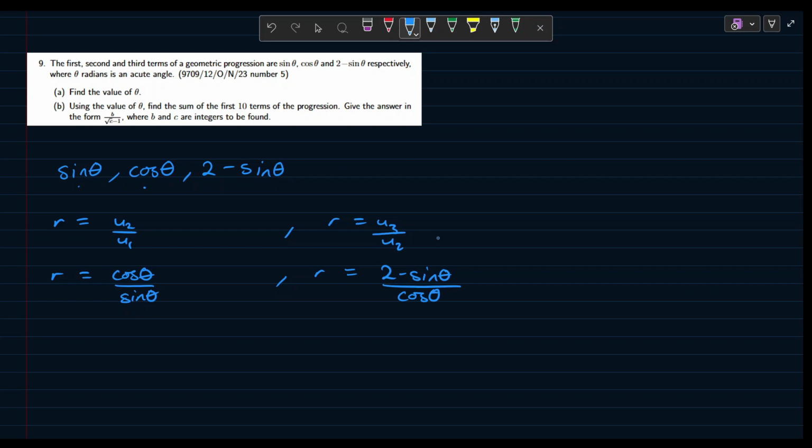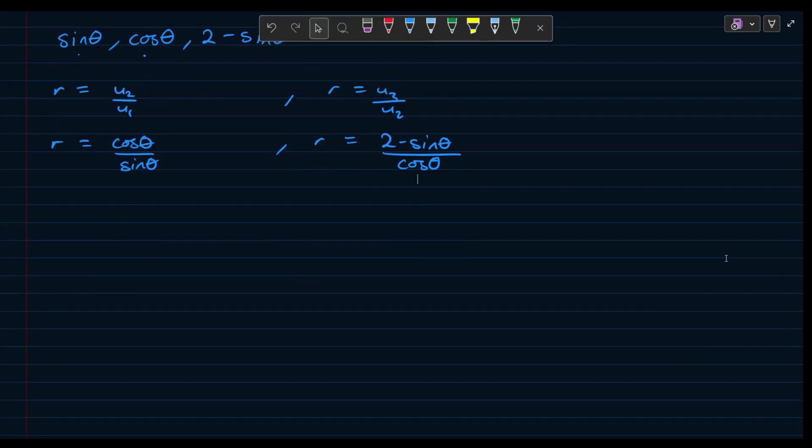So here we've got two equations in terms of R and theta, so we can solve these two simultaneously to evaluate theta. So let's equate our two equations. We've got cos theta over sine theta is equal to (2 minus sine theta) over cos theta. So we can cross multiply to get cos squared theta is equal to (2 minus sine theta) sine theta.